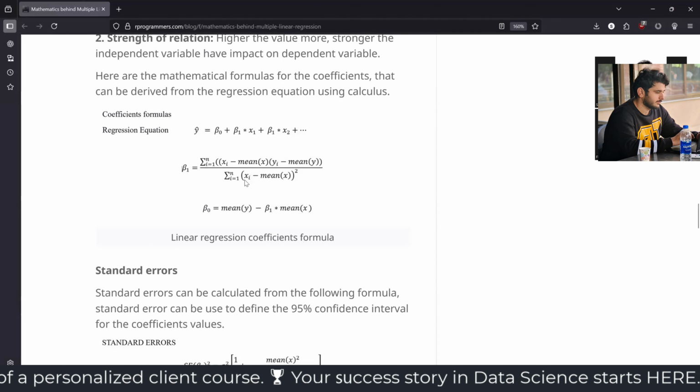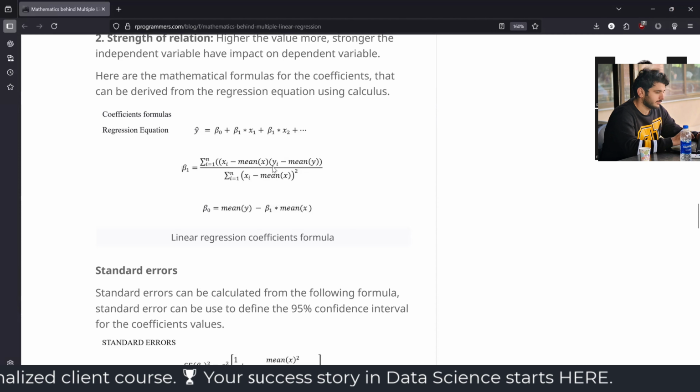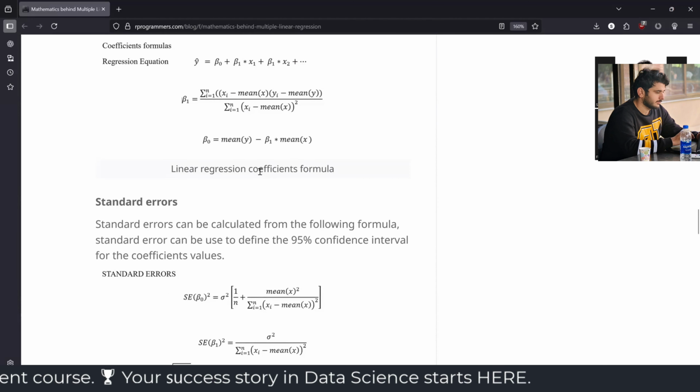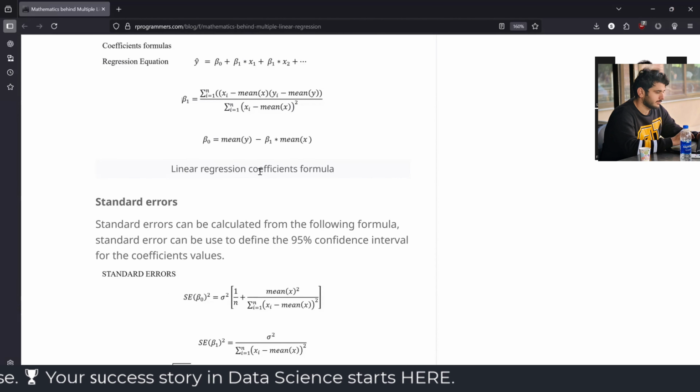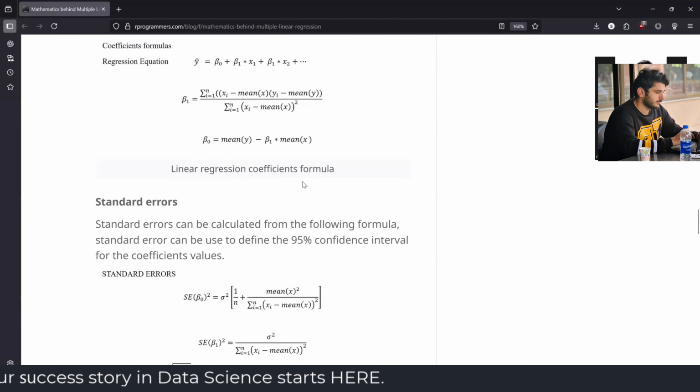In the same manner, at the end of the day, we will get a single number like this. Here we got 60. It's going to be a bit heavy on mathematics, but this is basically what's going on behind the table. We will calculate beta naught and beta 1 with these formulas.